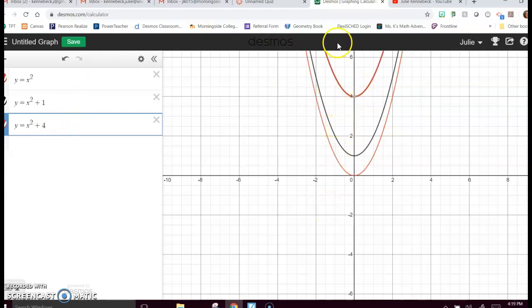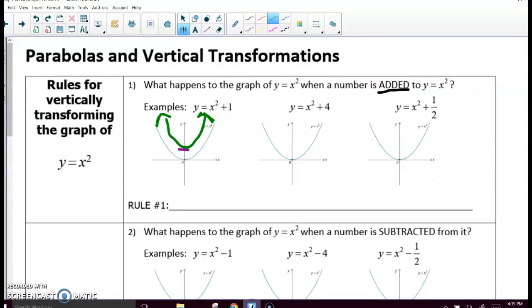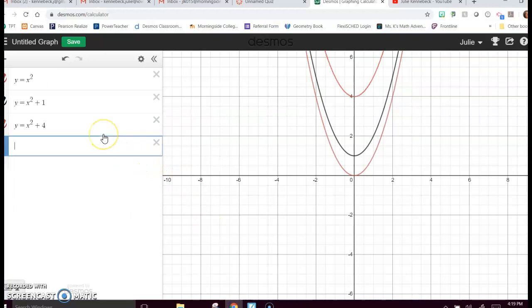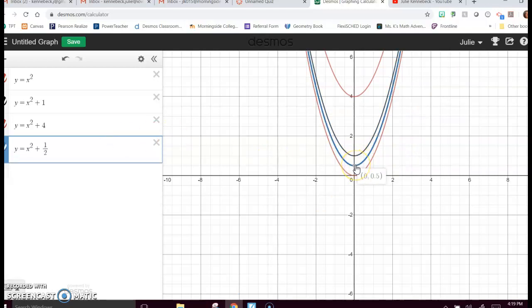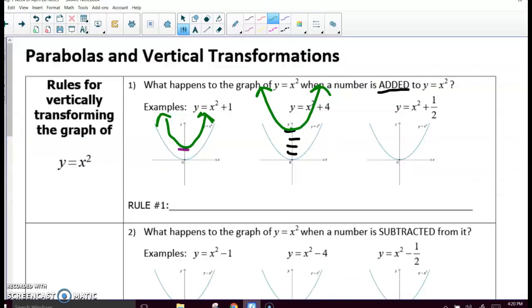My graph is shifted up 4. And let's look at y equals x squared plus 1/2. My graph is shifted up 1/2.